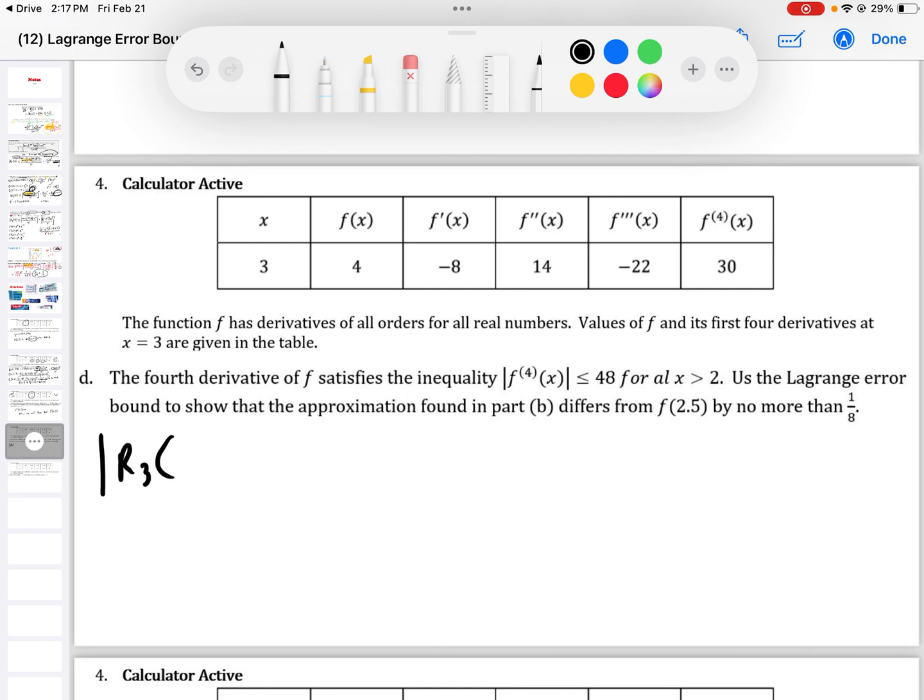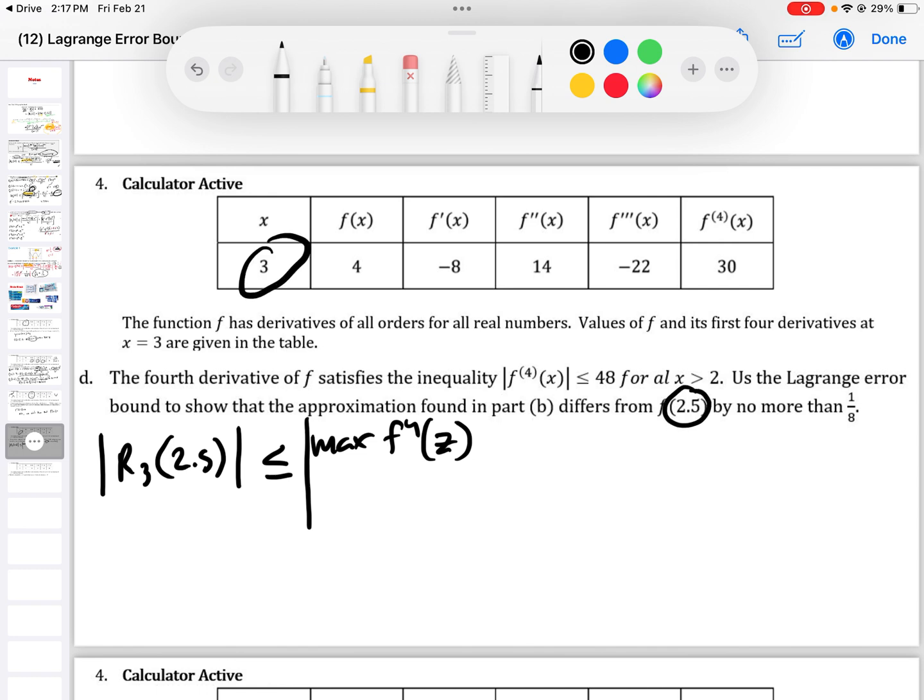I'm going to say the error using a third degree Taylor polynomial evaluated at 2.5 is less than or equal to the absolute maximum of the fourth derivative evaluated at z, where z is some number in between our center and our approximation number, our x number, times the x number, 2.5 minus the center, to the fourth exponent, over 4 factorial.